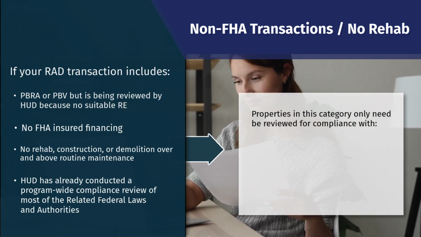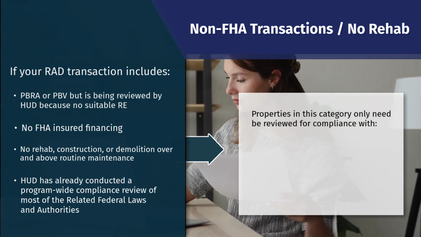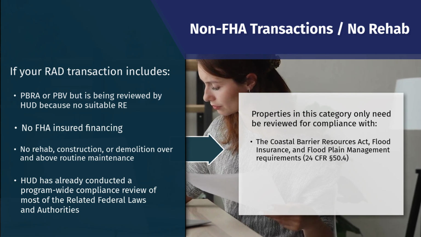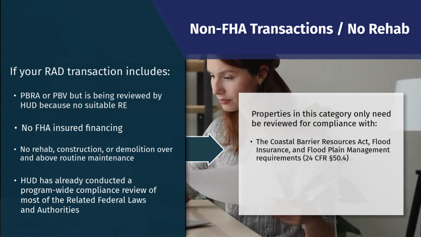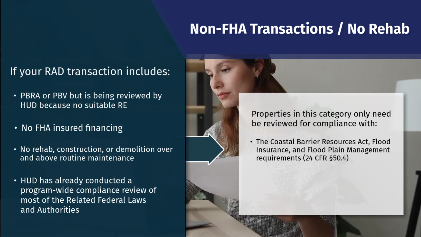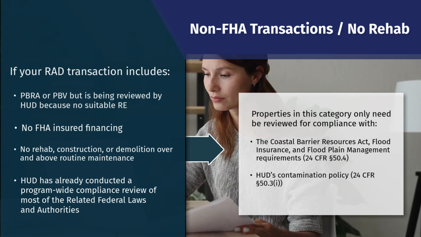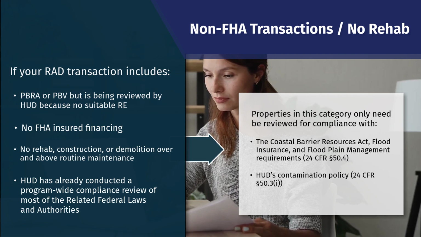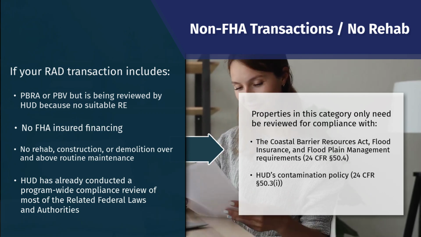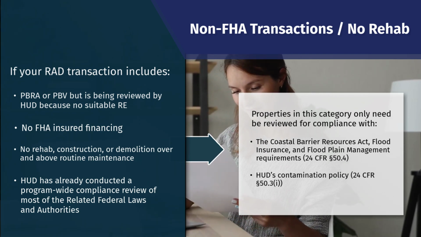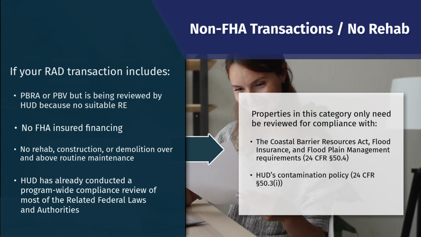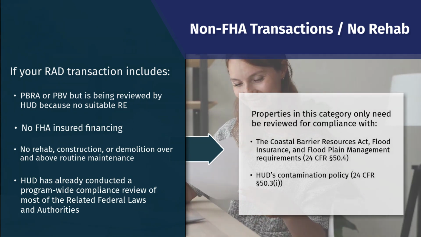Consequently, your property will only need to be reviewed for compliance with the Coastal Barrier Resources Act, flood insurance, floodplain management requirements, and compliance with HUD's contamination and toxic substances policy. For purposes of this slide, rehab refers to repairs, replacements, and improvements that exceed routine maintenance.